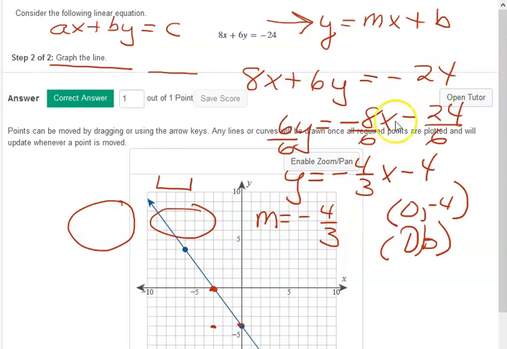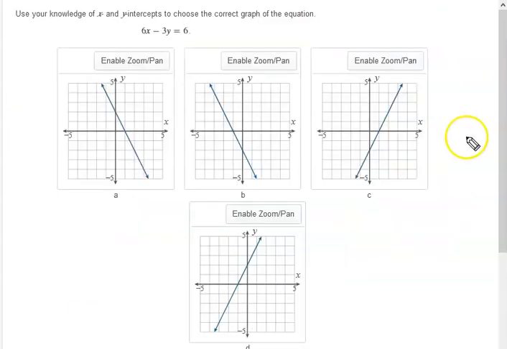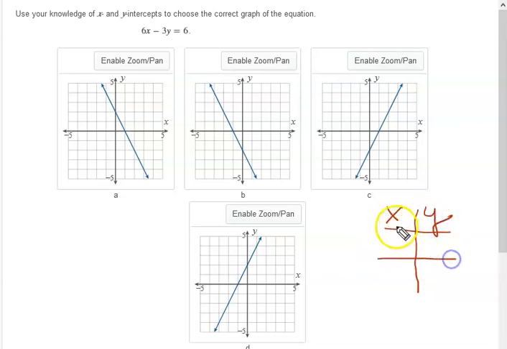Okay. Now, for this one, they're asking us, with our knowledge of x and y-intercepts, and we've given you this special t-chart, which we call the x and y-intercept t-chart. So there's our formula.